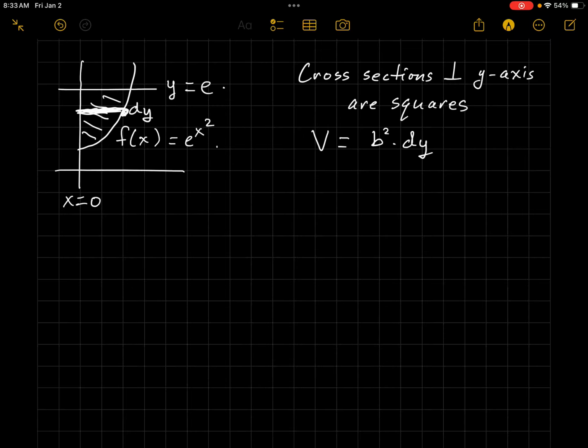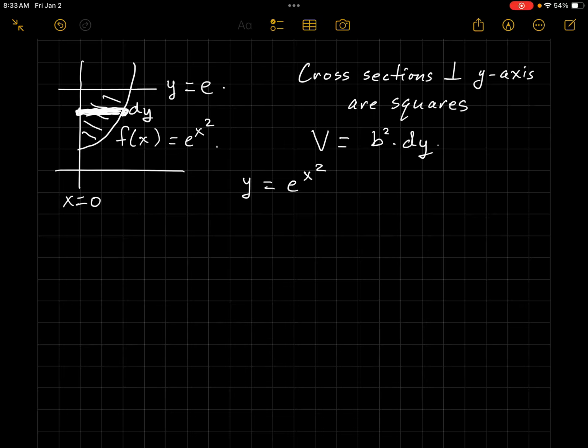So I'm missing the length of my cross section, or the length of that base. Since I have dy, I know everything should be in y's, including my function. So let's turn our function y equals e to the x squared into a function x of y.